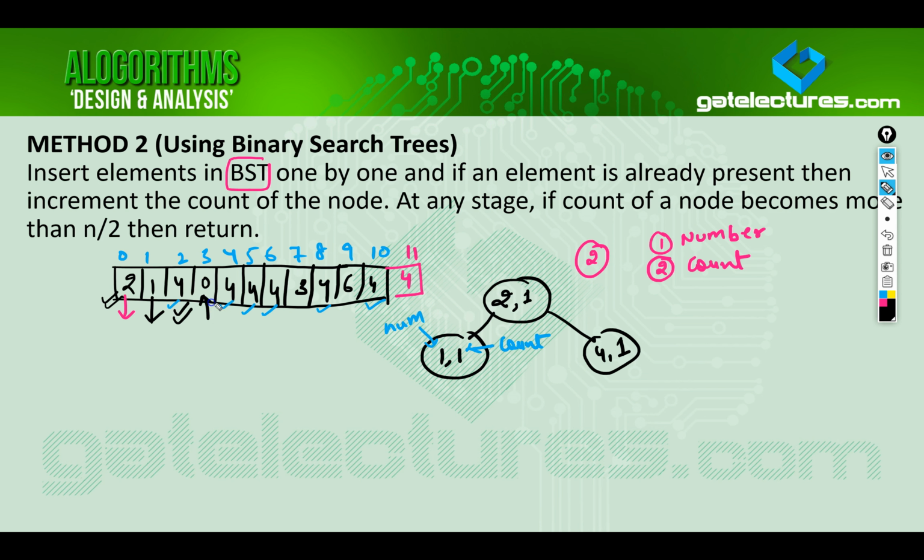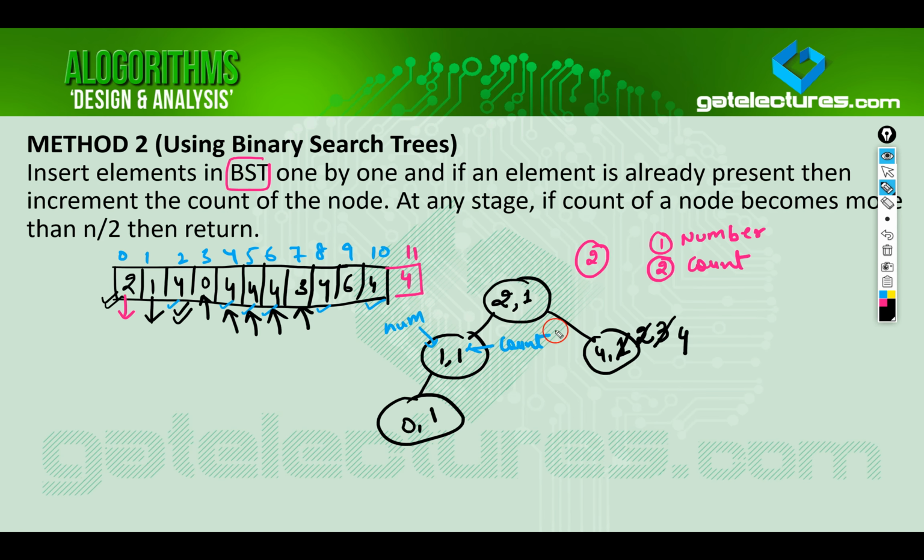Now the next element is 0, so 0 is less than 2 as well as less than 1, so we are going to add 0, 1. The next element is 4, therefore it is going to be on the right hand side of 2, but because 4 has already appeared, we are just going to increment the count to 2. The next element is again 4, so we increment the count to 3. The next element is 4, we increment the count to 4, and the next element is 3.